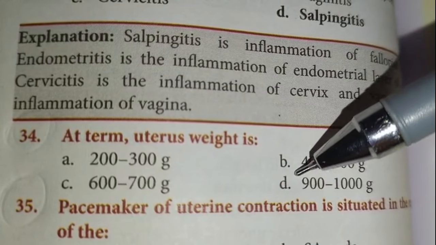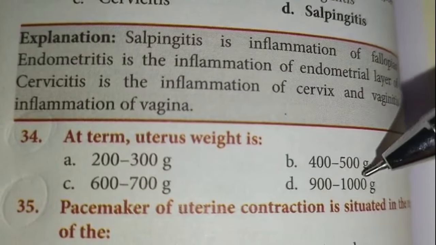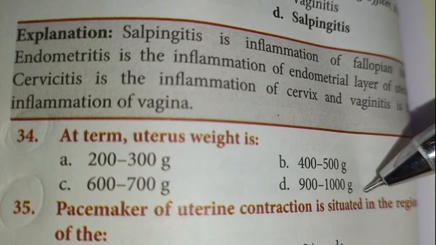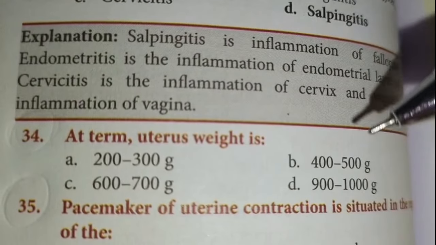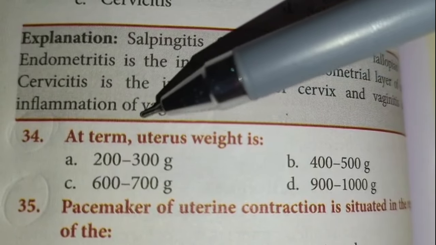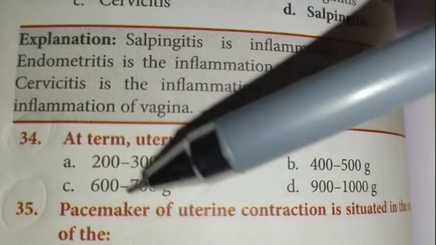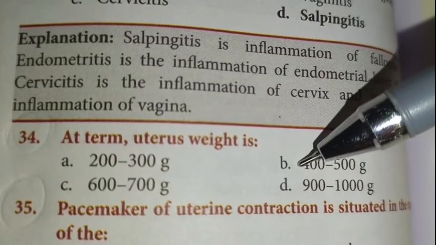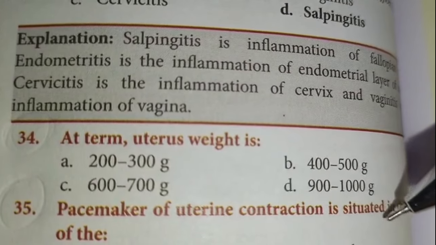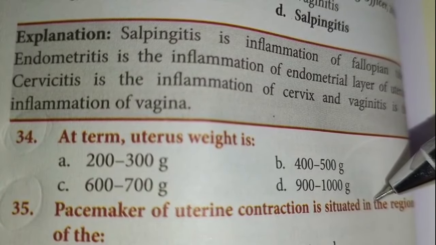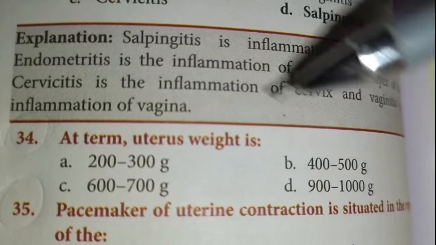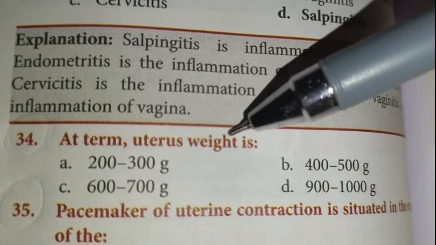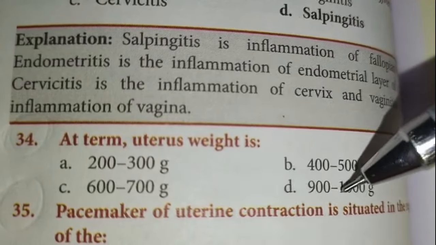And option D, 900 to 1000 gram. And the correct option is option D, 900 to 1000 gram. At term, uterus weight is 900 to 1000 gram.